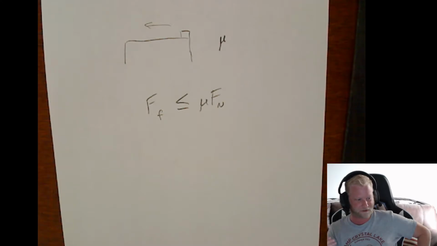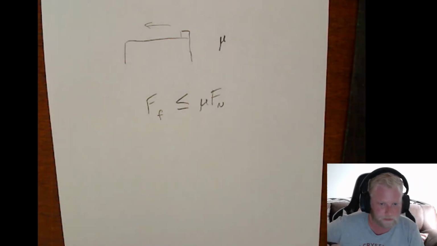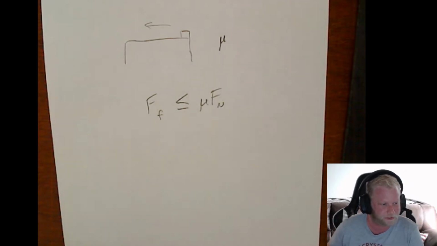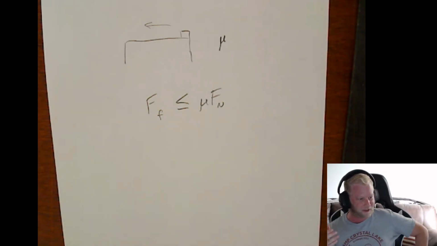So the static friction force is pushing back against you with 5 newtons worth of force. Now you up the force to say 10 newtons. It still doesn't move. That means that the static friction force is pushing back with 10 newtons of force. You apply 20 newtons of force. It still doesn't move. That means that the static friction between the table and the floor is opposing your applied force with 20 newtons worth of force.